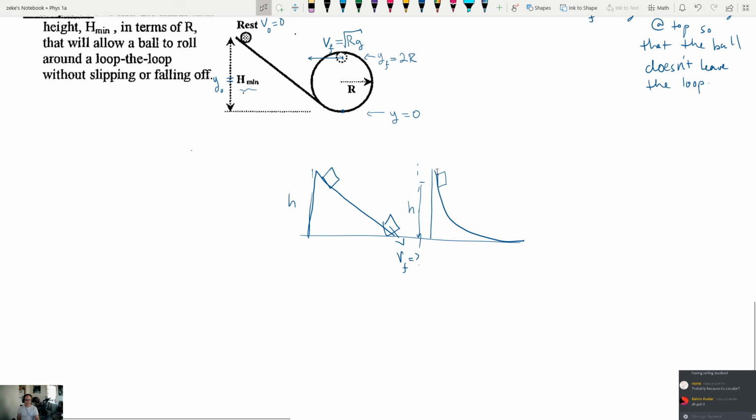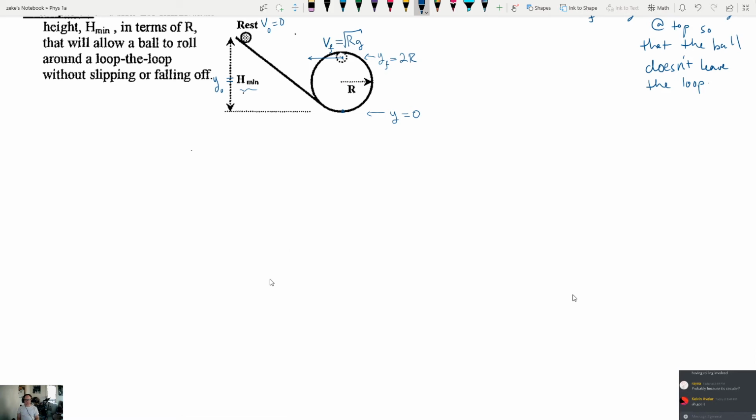But when I have an object that goes along a curved path, that's a big sign that energy is going to be the best way to handle it, because it's guaranteed to have non-constant accelerations. Okay, so curvy path, use energy. If you see a spring in a problem, you should use energy, similar kind of thing.